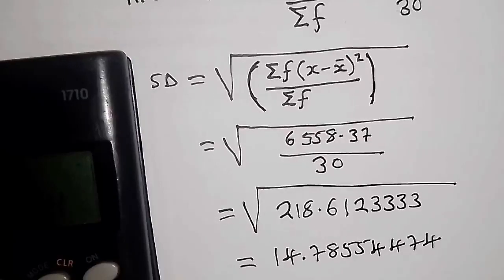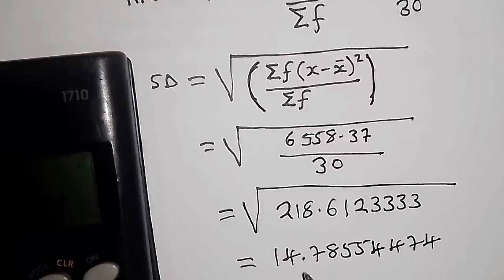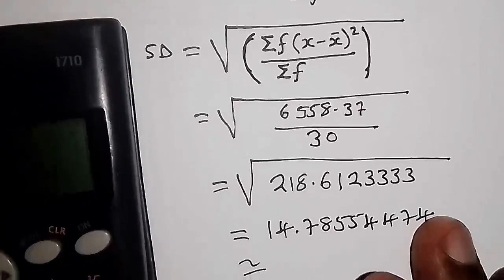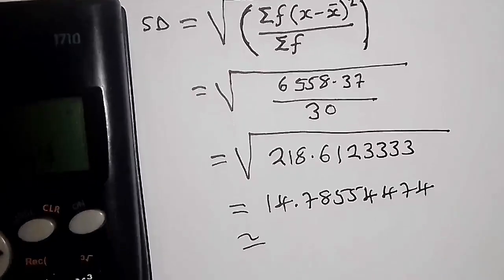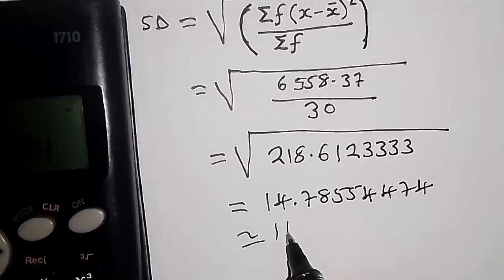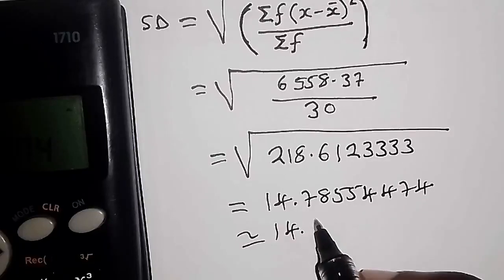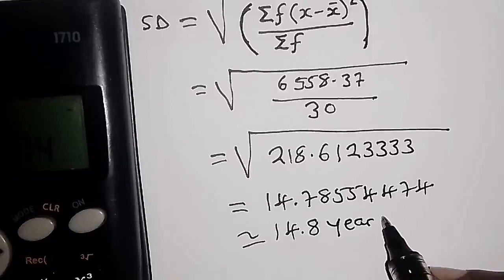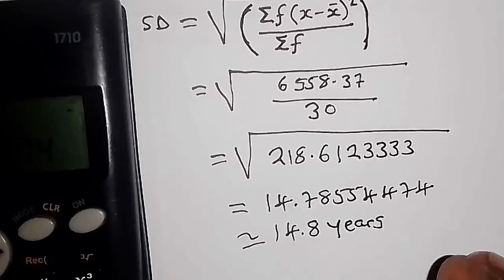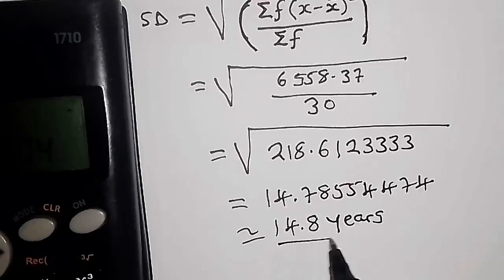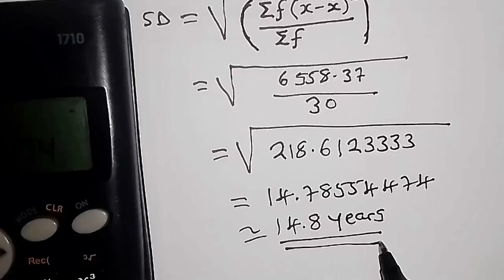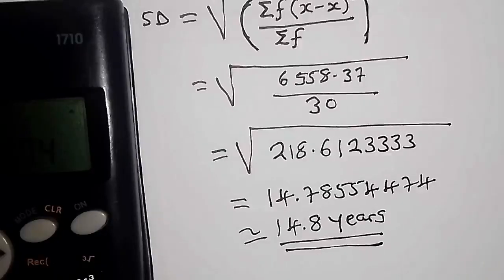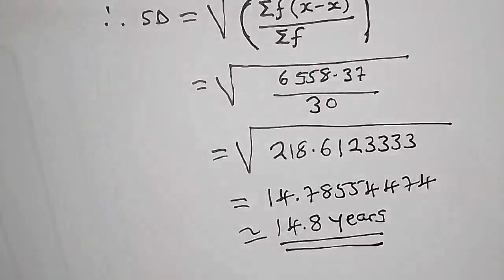Now you need to round it off to 3 significant figures, so don't worry about rounding off, just bear with me on that part. So this is going to be 14.8. Our measurement units are years. So this is the standard deviation for this question.